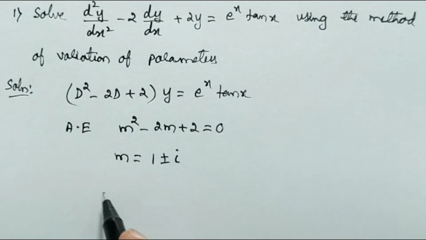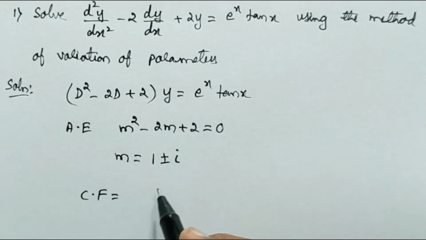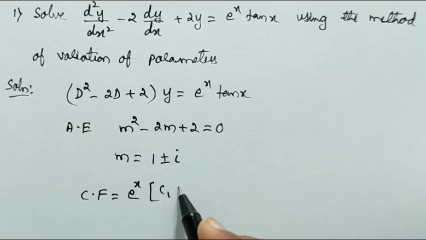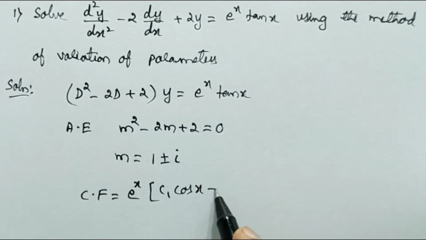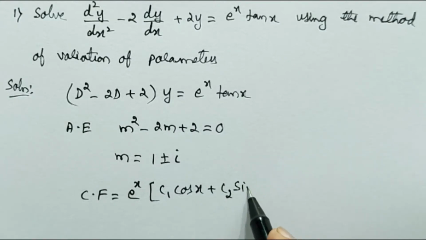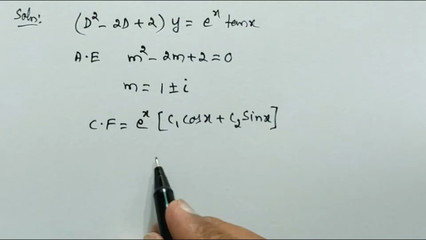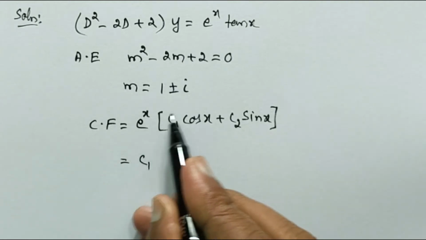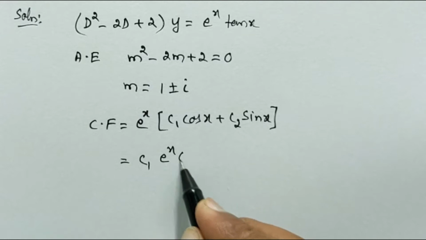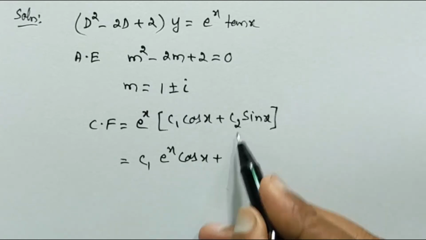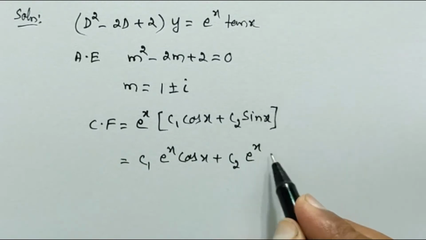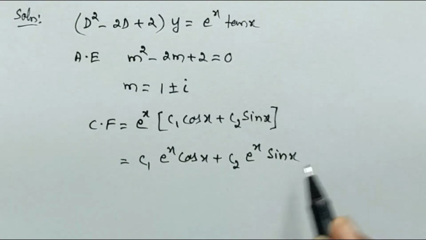Therefore the complementary function will be e power of 1 times x into c1 cos of 1 times x plus c2 sin of x. If you rewrite this, I can write it as c1 times e power of x cos of x plus c2 times e power of x sin of x.